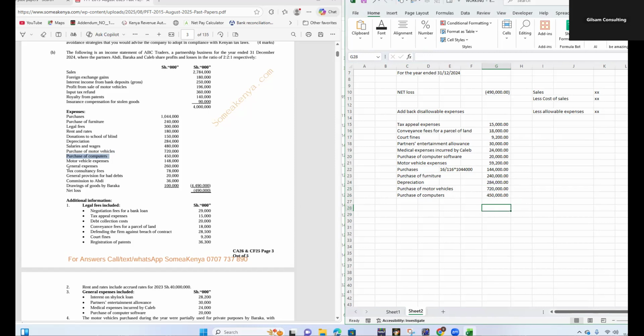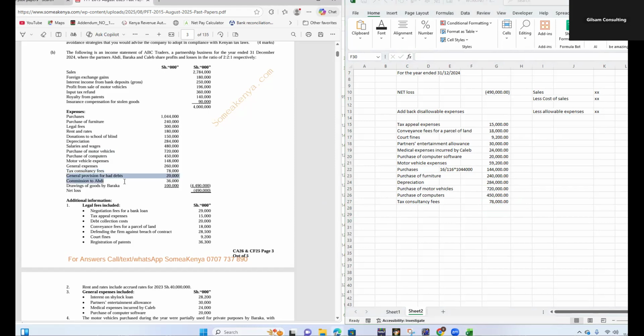Motor vehicle, we have done with that. Tax consultancy fee. If they had said consultancy fee, we could have assumed it relates to the business. But now they say tax consultancy fee, so because of the word tax, we disallow.